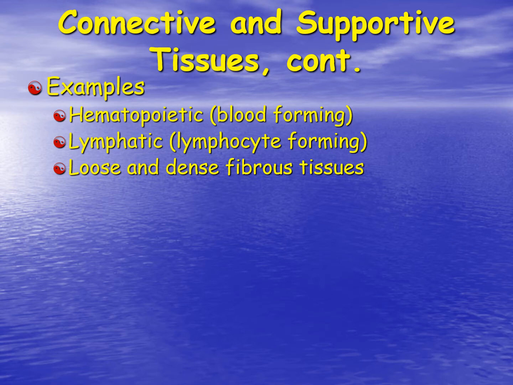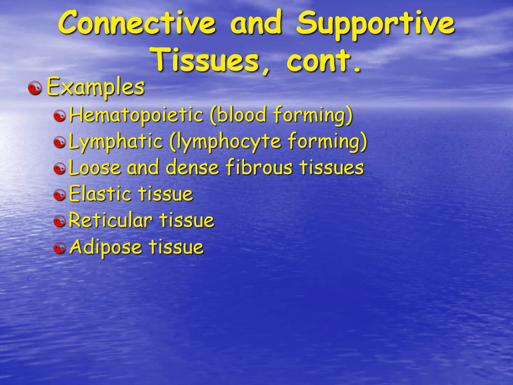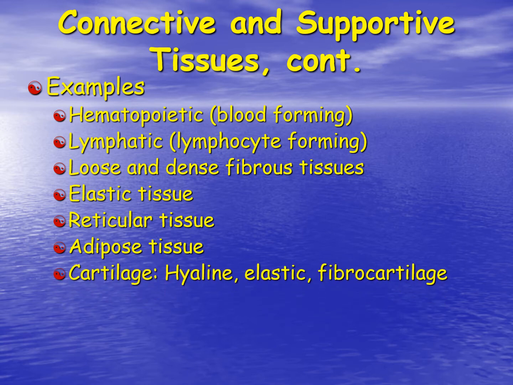Loose connective tissue and dense regular and irregular fibrous connective tissue has varying degrees of fibers within each. The elastic tissues are primarily made up of elastic fibers, and the reticular tissues are made up of those thin, small collagen fibers. Adipose tissue is a specialized connective tissue that stores fat within the cells, and so this is our fat tissue.